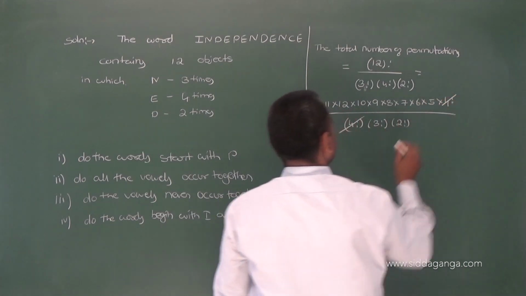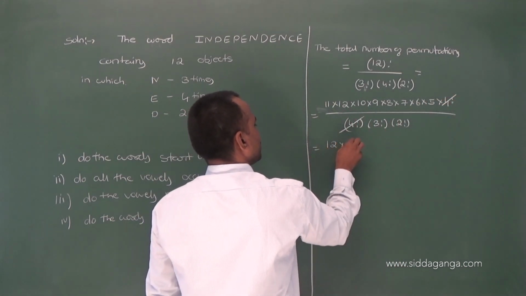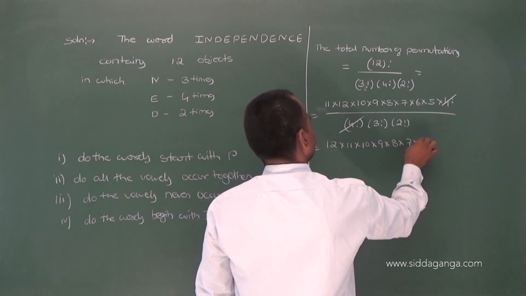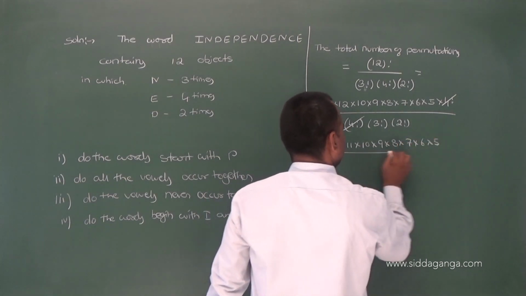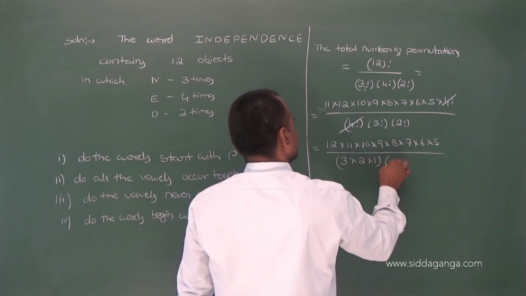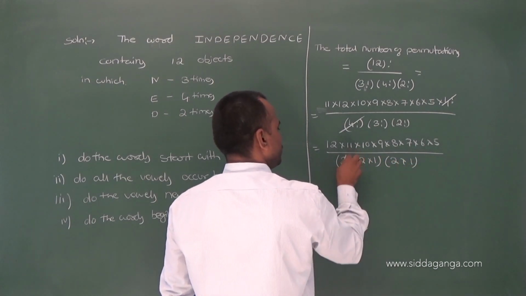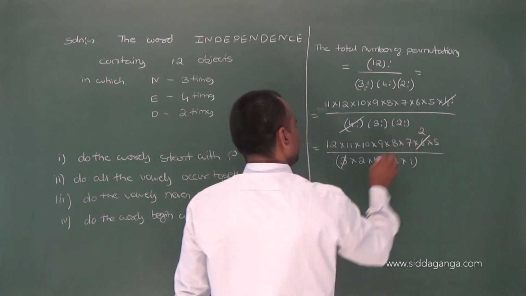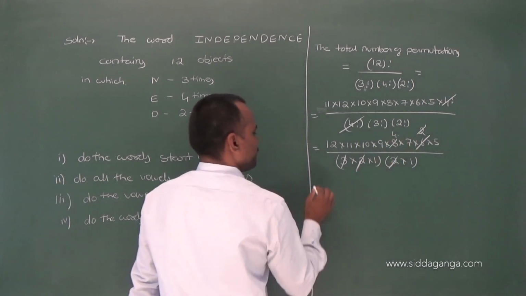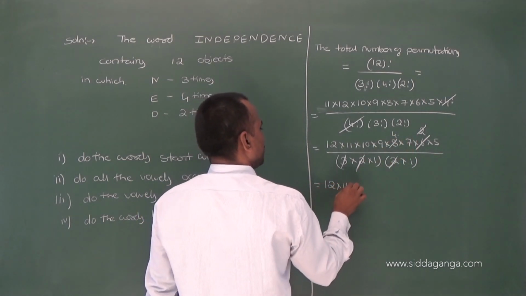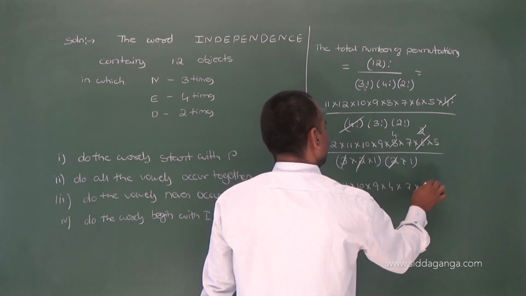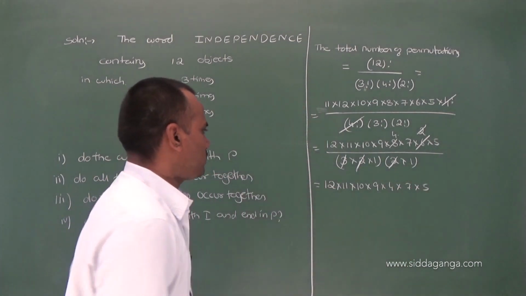The 4 factorials get cancelled. 3 ones are 3, twos are 2, the 2 gets cancelled. 2 ones are 2, fours are 4. We get 12, 11, 10, 9, 4, 7, 5.